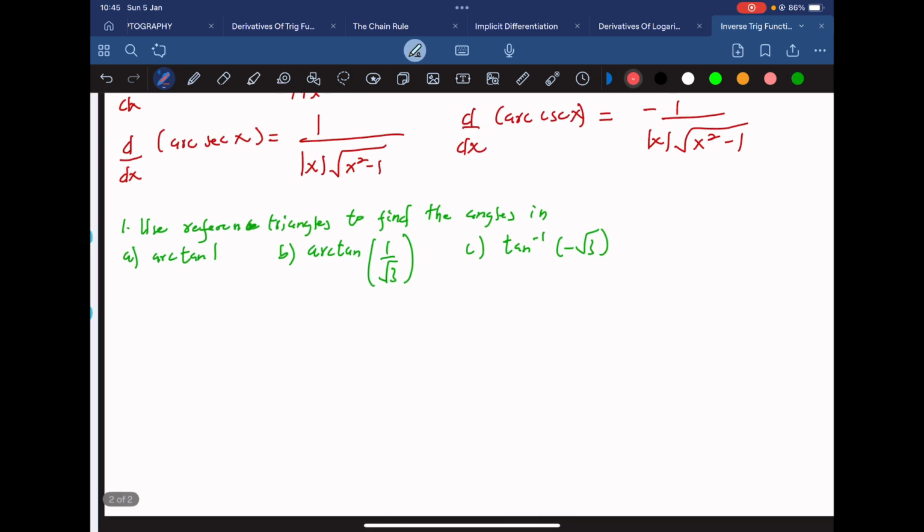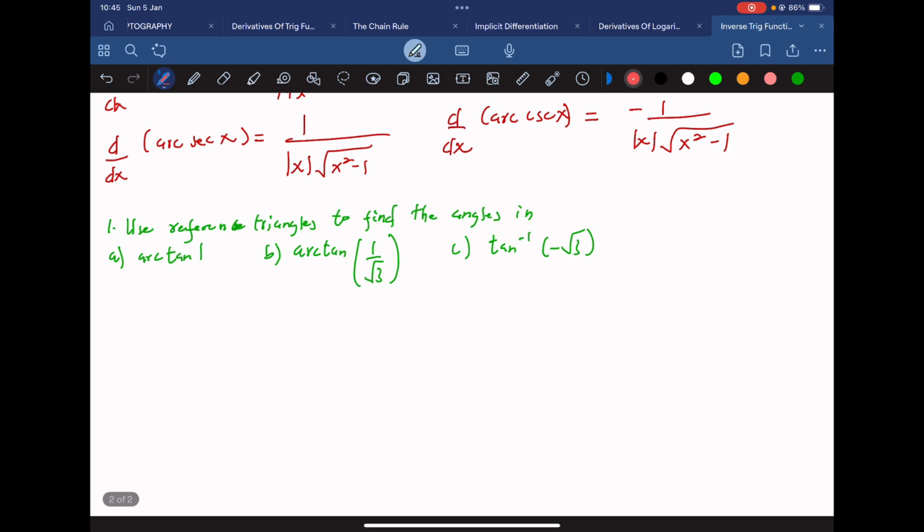One thing that you have to note, the reference triangles that we are talking about, it's easy. So you have this.